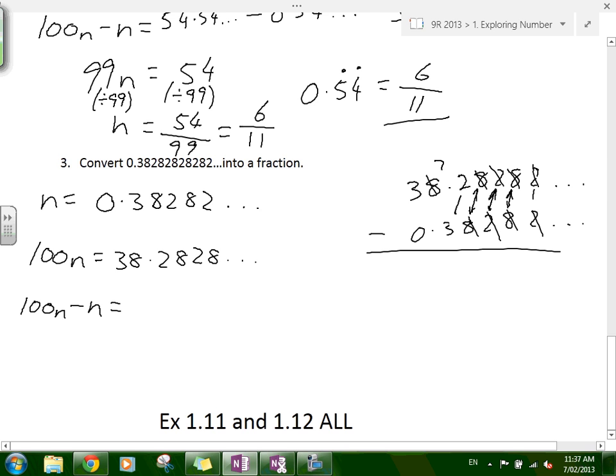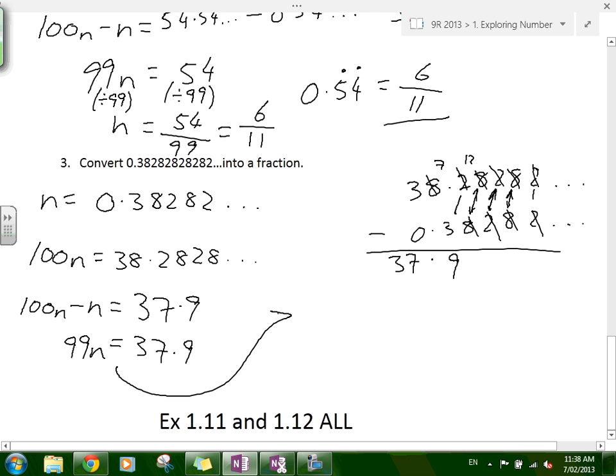So you do the old, so you get 37.9. So we have 99n equals 37.9.